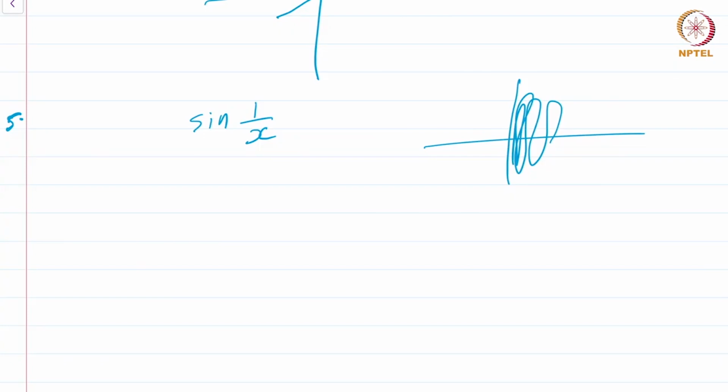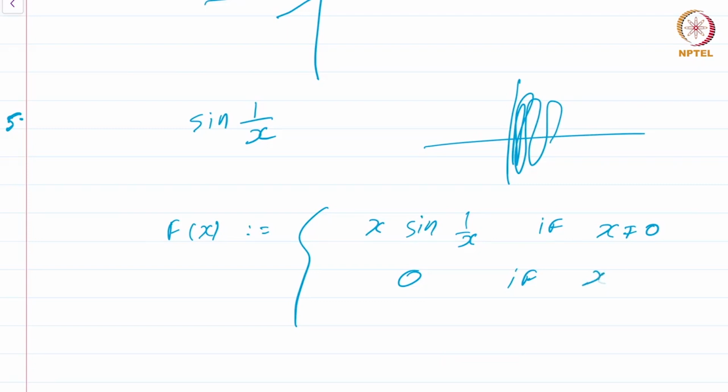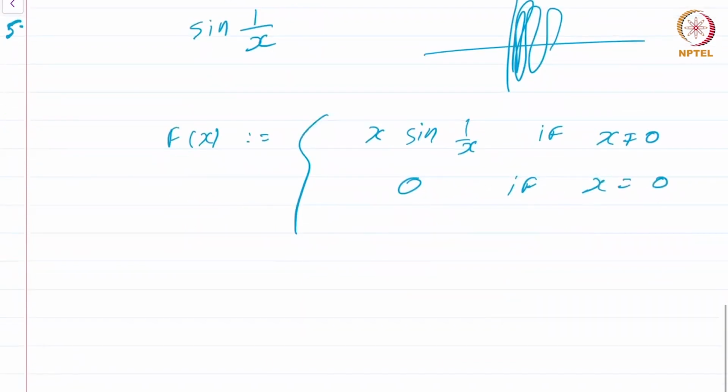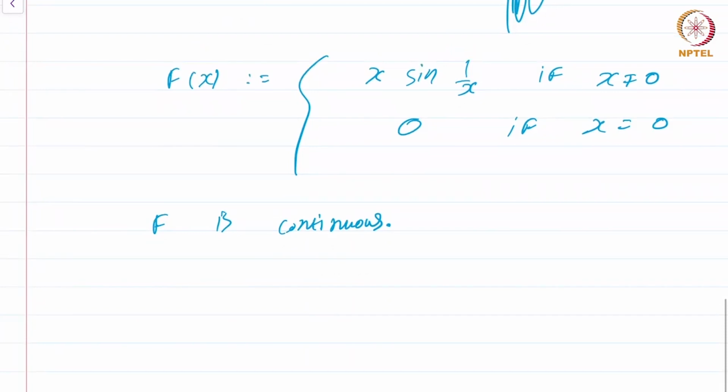So let's try to temper these oscillations by multiplying by x. So consider the function f of x defined to be x sine 1 by x if x is not 0, and 0 if x is equal to 0. We already know that this f is continuous. This we have seen in the example section of continuity.